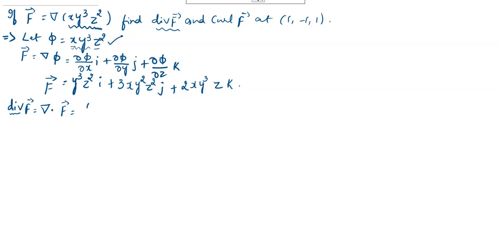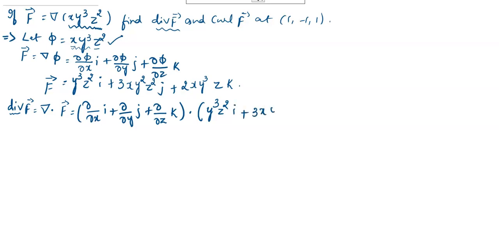So the nabla definition is dou by dou x i plus dou by dou y j plus dou by dou z k, dot product with f vector: y cube z square i plus 3 x y square z square j plus 2 x y cube z k.